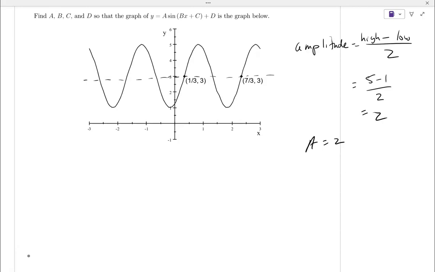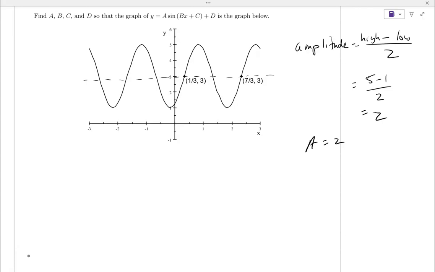All right, let's do the B next. Let's look at the period. I've labeled 2 points on that graph. We go from the point (1/3, 3), go up, down, and back up to the point (7/3, 3). So how long does it take for that graph to repeat? 2, right?